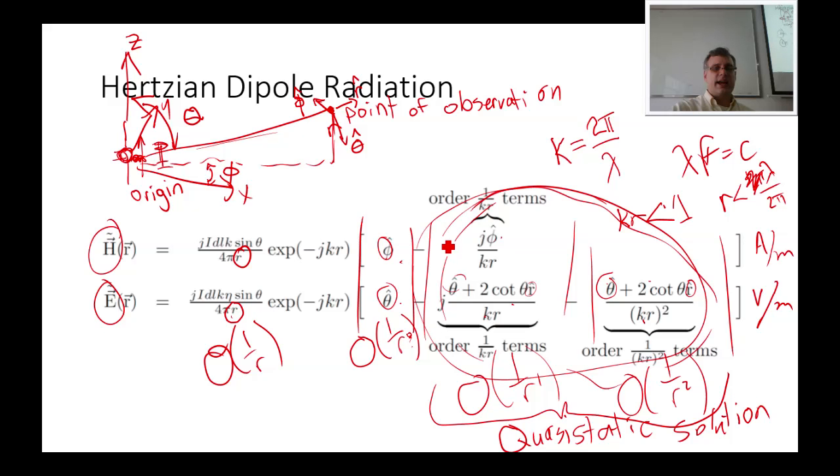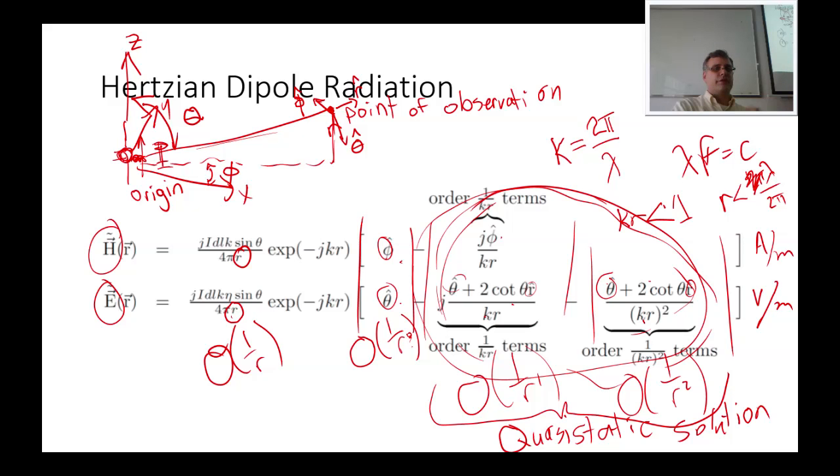So we call these quasi-static because you can almost get these exact expressions from studying the dipole moment of a DC capacitor with charge separation on it, or a DC magnetostatic current that's just flowing in a small region of space.